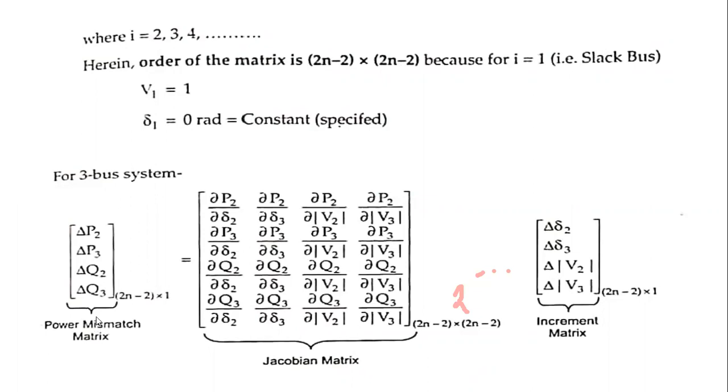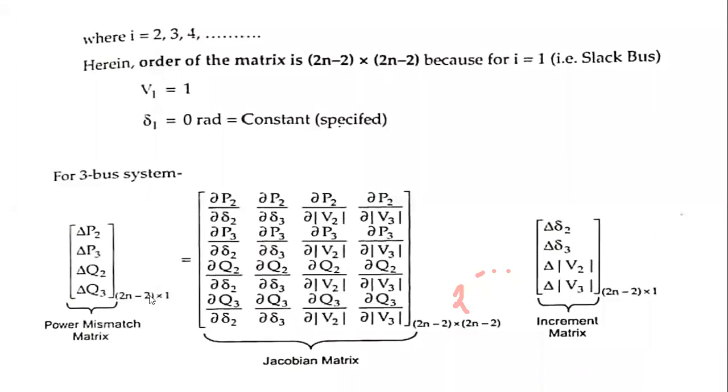Okay, for a 3-bus system, what is the formation of the Y-bus matrix? 3 by 3. For a 3-bus system, bus 1 is the slack bus. That's why we are not considering the 1 values, only 2 and 3. That means delta P2, delta P3, delta Q2, delta Q3.